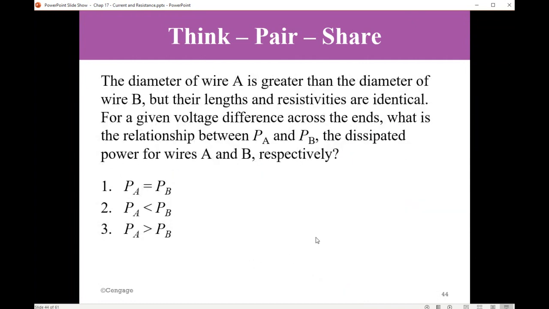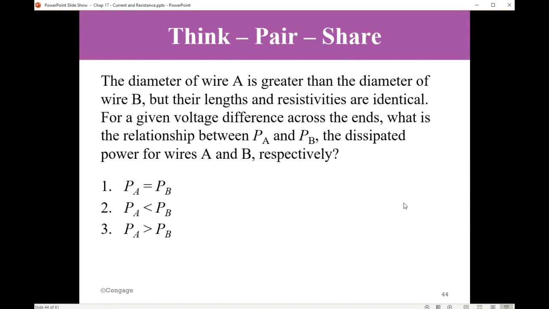The diameter of wire A is greater than the diameter of wire B, but their lengths and resistivities are identical. For a given voltage difference across the ends, what is the relationship between PA and PB, the dissipated power for wires A and B?